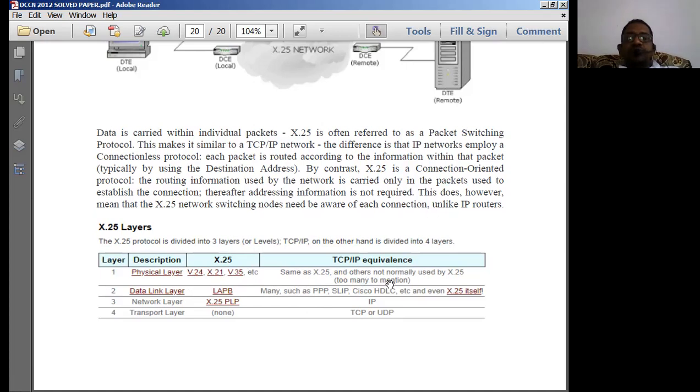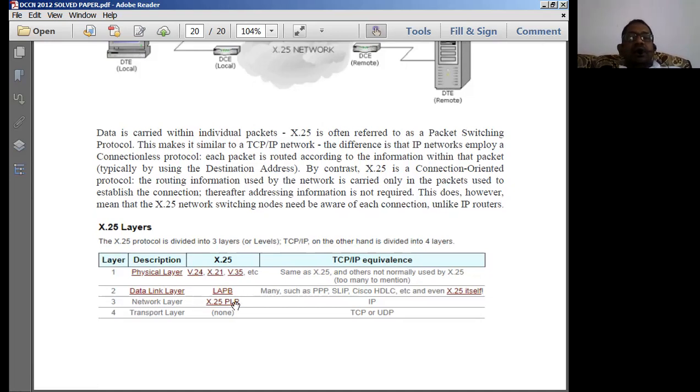Apart from this, TCP/IP uses Ethernet protocols and cable connection kind of protocols, which are not normally used by X.25. Too many are used by TCP/IP. That means it supports many other technologies as far as physical layer connection is concerned, so many more extensions are provided in TCP/IP for physical layer connections.